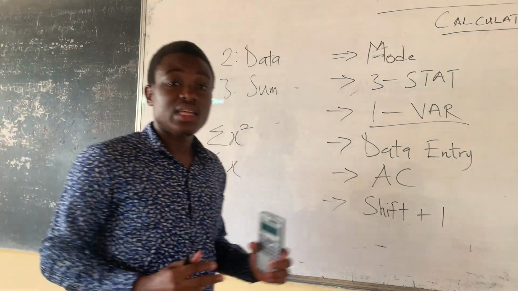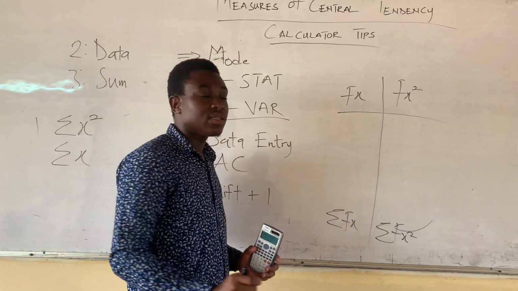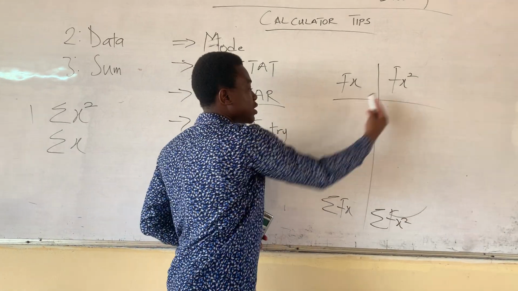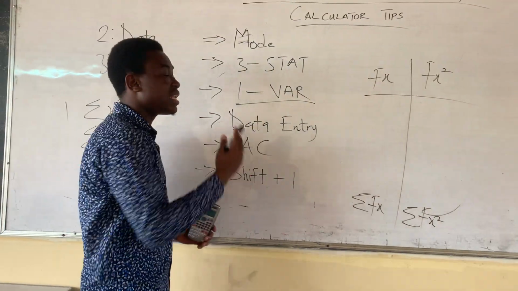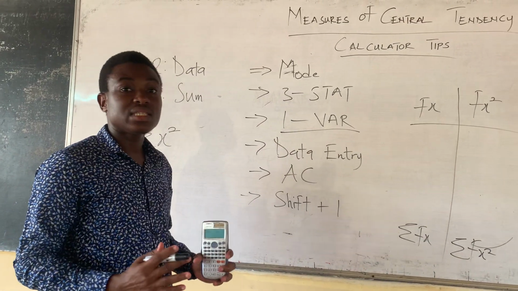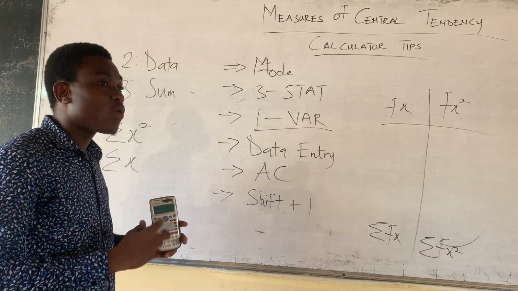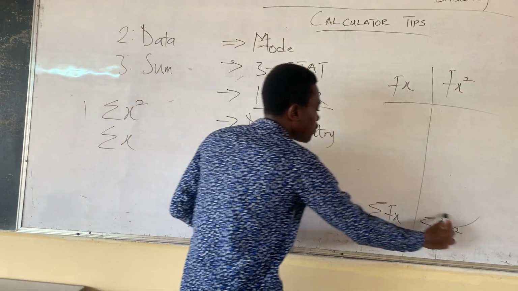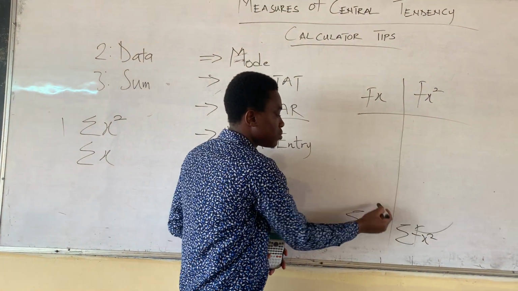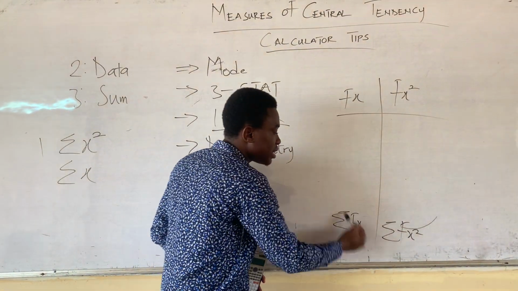So if you enter your data on the calculator and then you are working for the standard deviation by yourself, and you get to this point, you are also solving it alongside to see if the answer you get is the same as what you are getting on the calculator. The calculator automatically provides this value for you. The calculator will not give you the individual values over here or here, but it will give you the summation of the two.